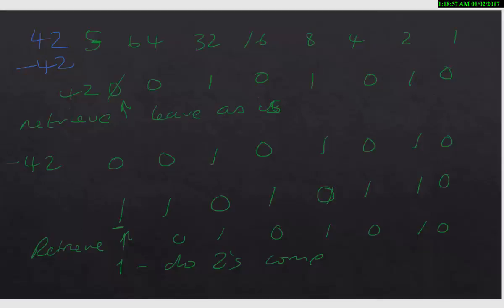So 0 and 0, and then add the sign. So you have your 42 and you add the sign. So that's 2's complement, and that's how signs are represented. So you do lose the final bit. That's how computers perform the storing of integers.